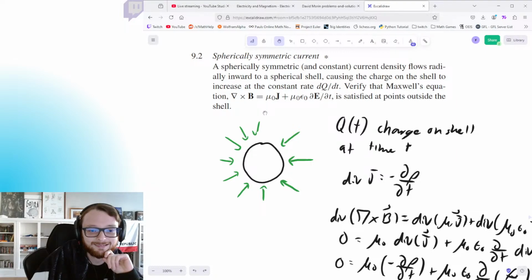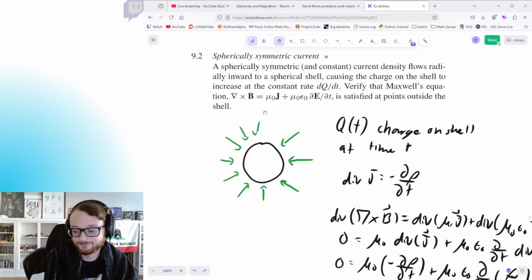Actually, that reminds me of something in chapter 9, where they were showing an electromagnetic wave. They were showing that if you superimposed two waves traveling at the same velocity in opposite directions, then you'd get a standing wave, right?